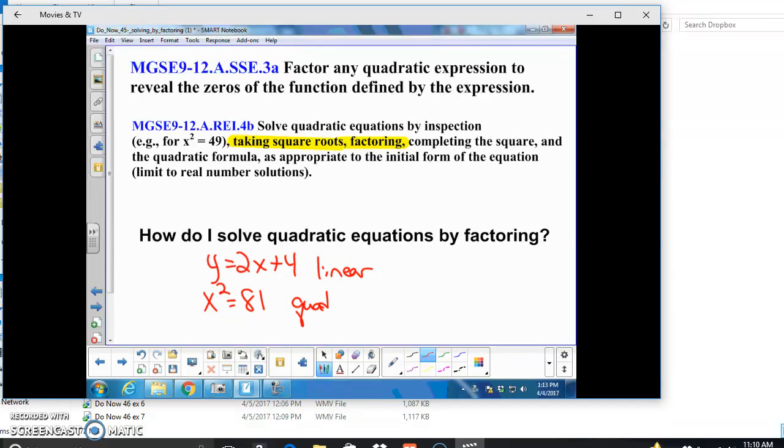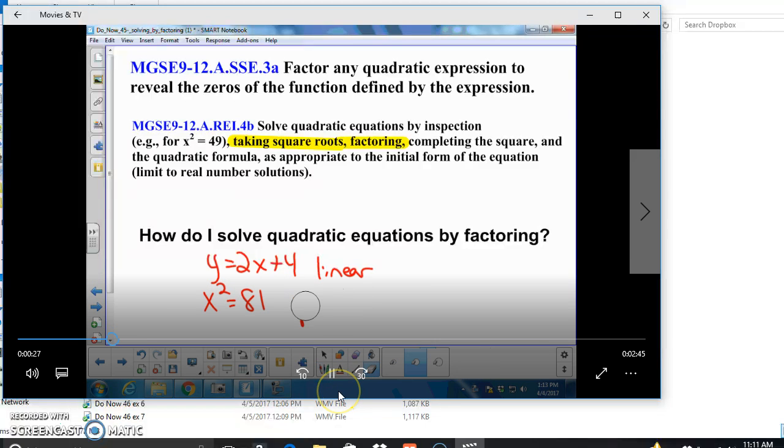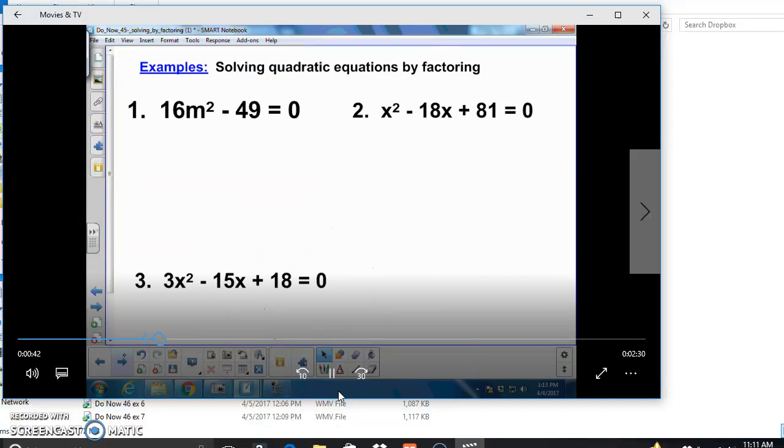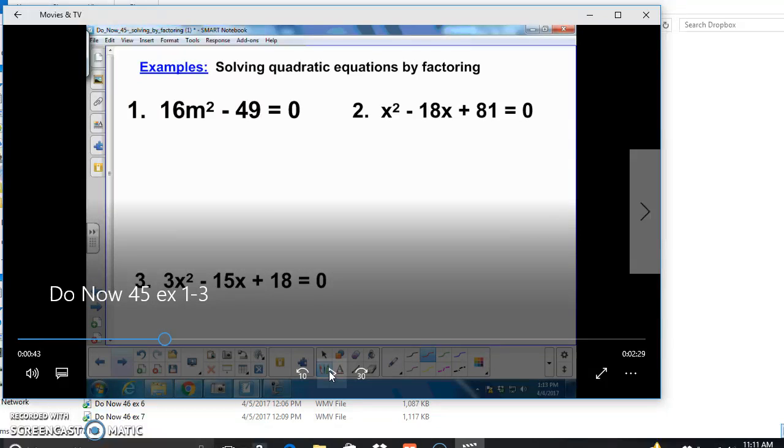So it would be a quadratic equation if one of them is squared, and many times you also have the x squared and the x in the equation. So x squared equals 81 is a quadratic equation, or x squared plus x plus 4 equals 0 is another type of equation.